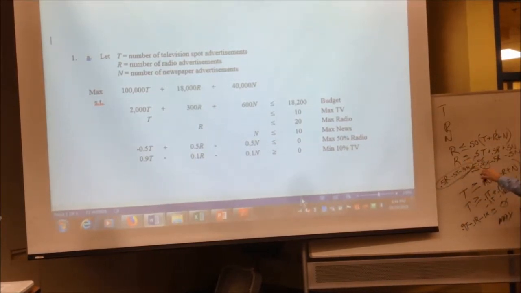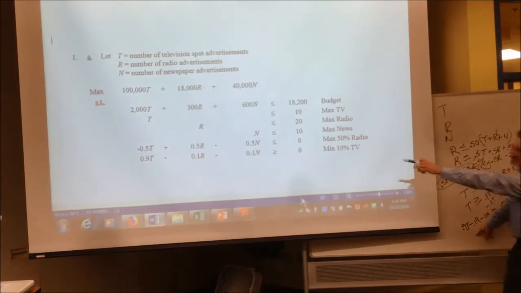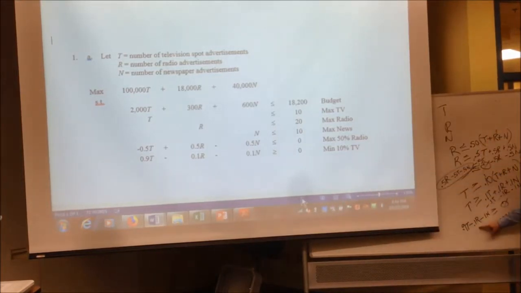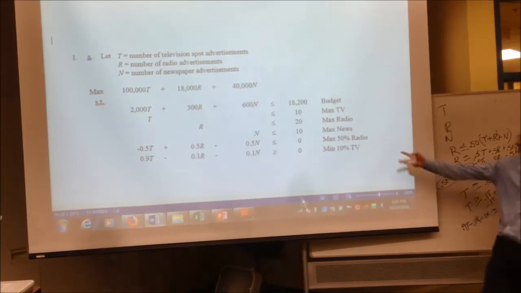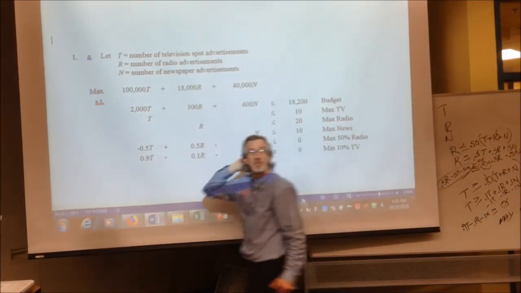And then, where's the next one? Television has to be at least 10% of all the ads. We did algebra on it. We got positive 0.9T, minus 0.1R, minus 0.1N, greater than or equal to 0. And that's these two. This answer's been posted already on Blackboard.